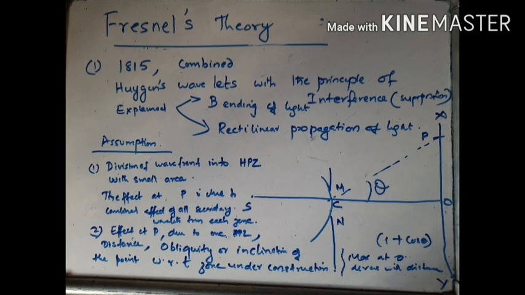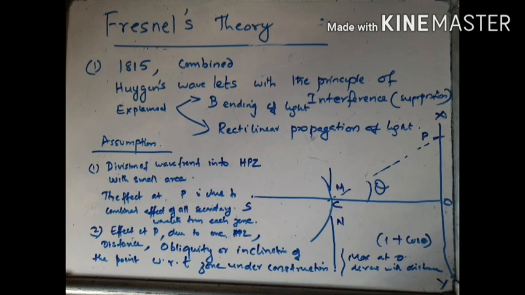The first assumption is, he divided the wavefront that is falling on the obstacle Mn into regions of small area called half period zones, or Fresnel half period zones. The effect at any point on the screen is due to all the secondary wavelets from each zone.